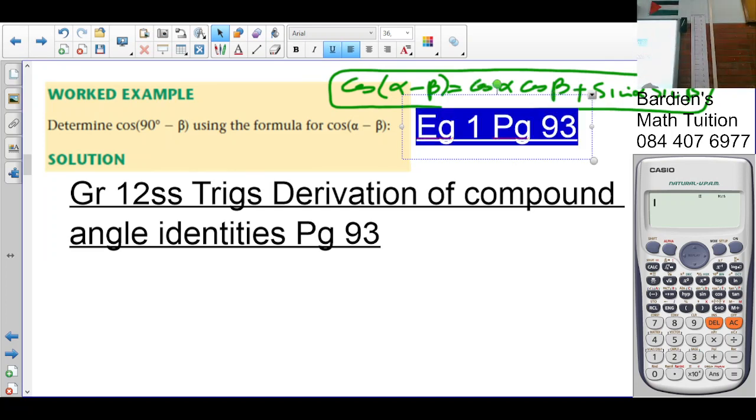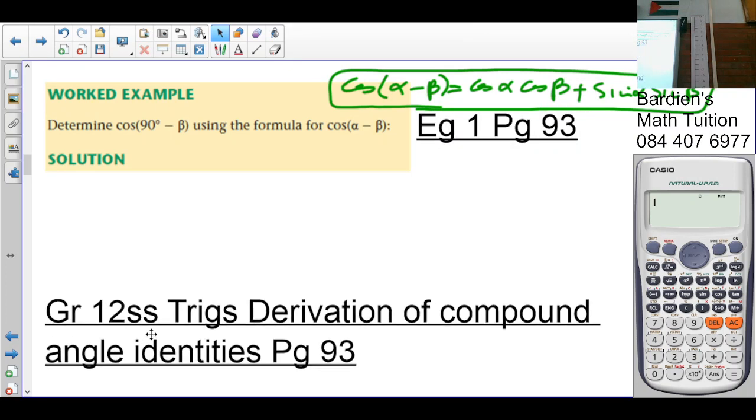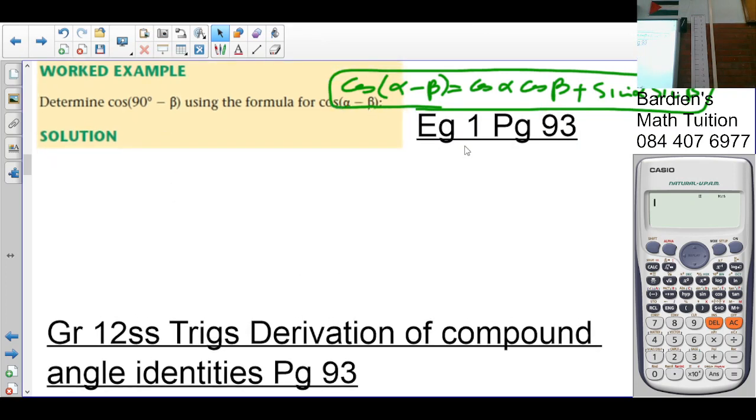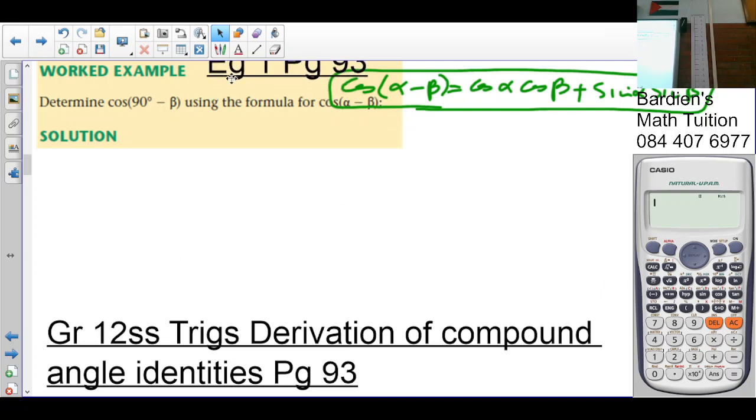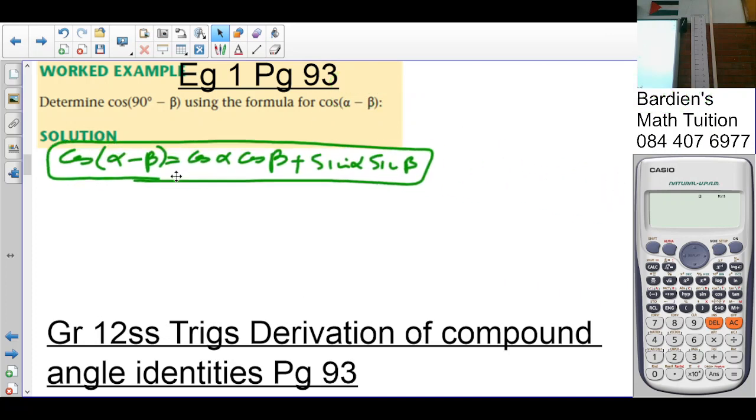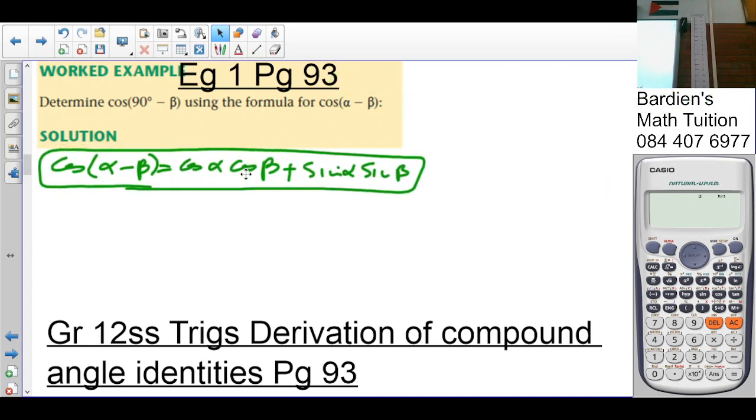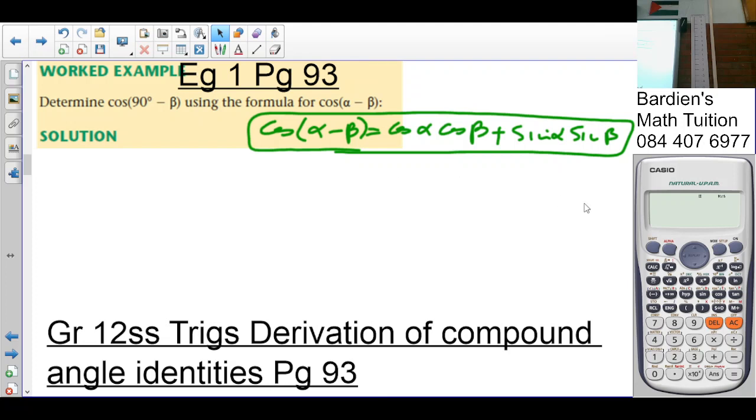Okay. So here the question says determine cos of 90 minus beta using the formula cos of alpha minus beta. So if we take that into account, that is what that formula is referring to. In alpha's place, as you can see here, is 90, and in beta's place is beta.